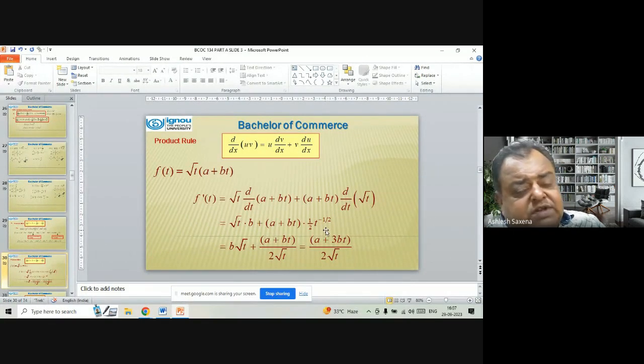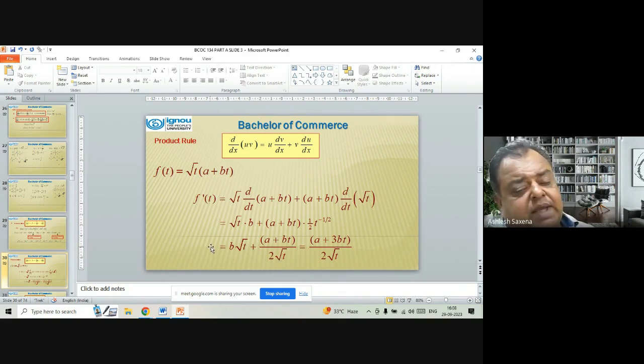If this is the function that we are left with, we will be multiplying. The 1 by root 2 will remain as it is. Now we will be multiplying this term with this. After solving, we are going to get 2 under root t in the denominator.